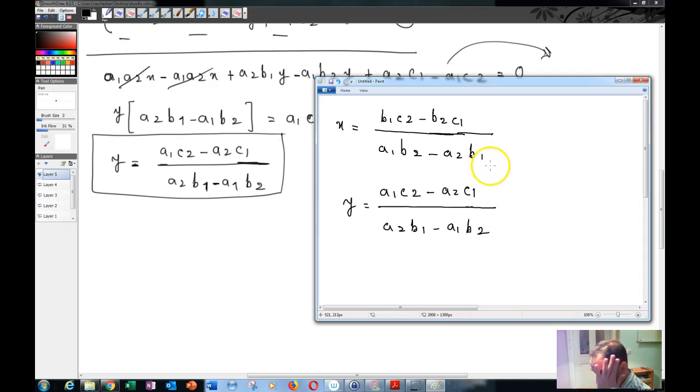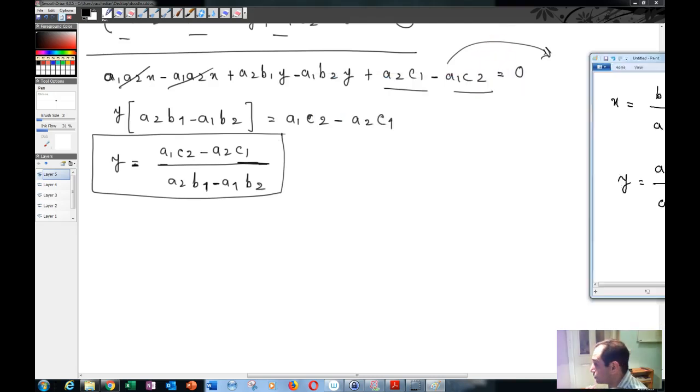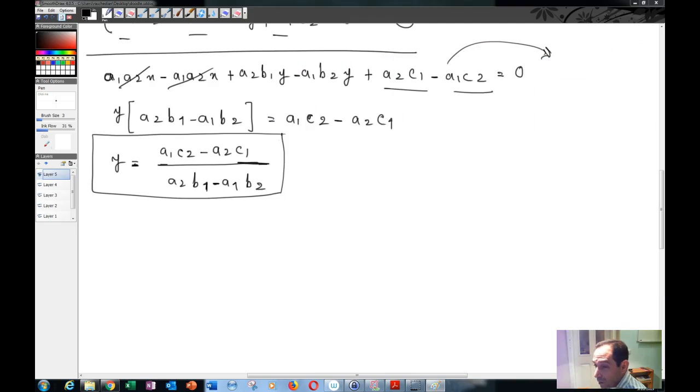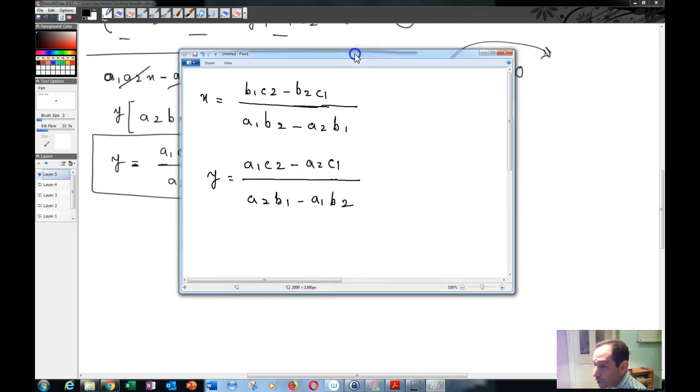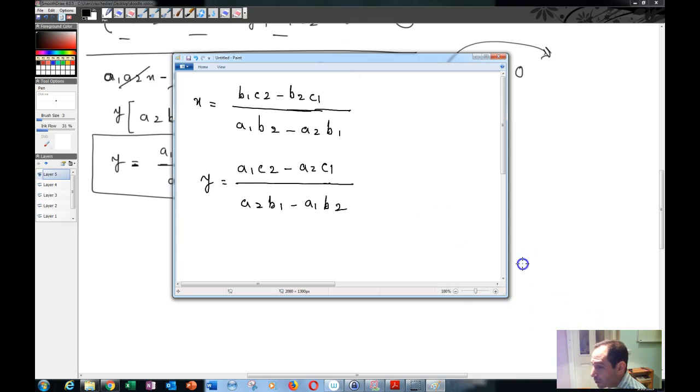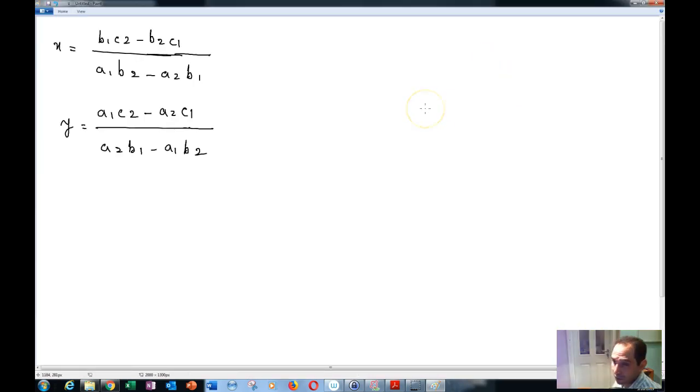Okay, so now in order to basically make things a little bit easier and more consistent, you see over here in the denominator I have a1 b2 minus a2 b1, and here I have a2 b1 minus a1 b2, exactly the algebraic opposite of this expression over here.